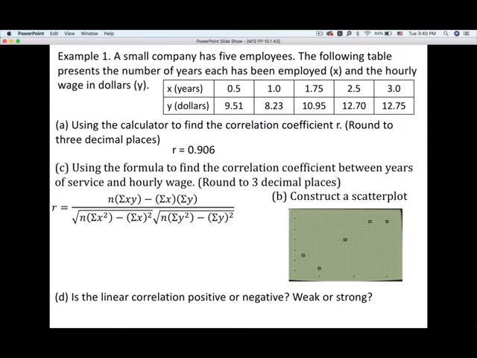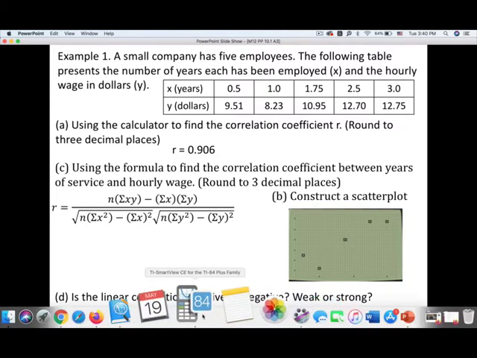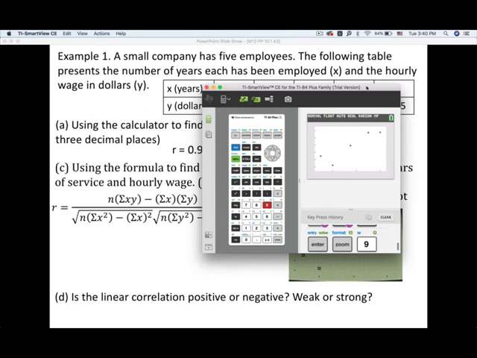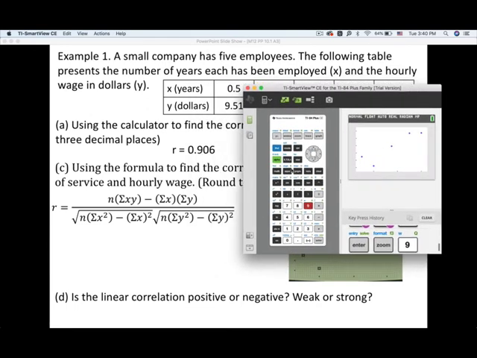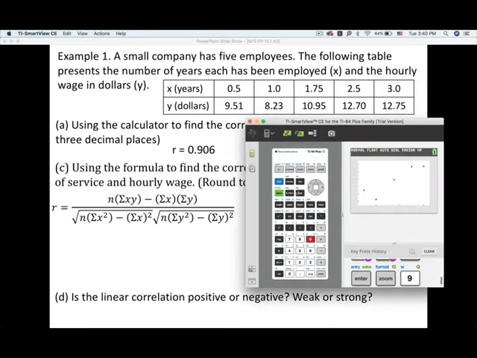C, use the formula to find the correlation coefficient between the years of service and hourly wage. So I want to find the R again, but this time I want you guys to use the formula. So calculator. I already have the data on my L1 and L2, right? Double check, stat, number 1, edit.